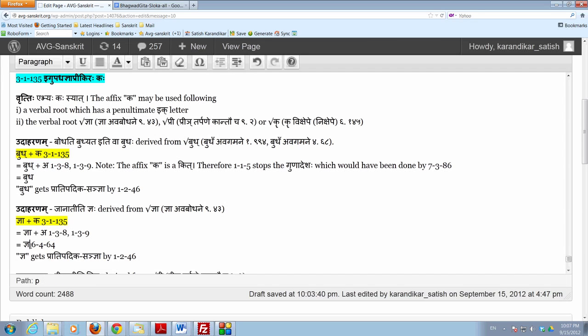And now we can apply ato lopa iticha because the ending akaraha of an angam is elided by alontyasya, if the pratyaya which follows has a sanya of ardhadhatukam, which this one does because ka gets the ardhadhatuka sanya by ardhadhatukam sheshaha. It's not because of ting shit sarvadhatukam, it is ardhadhatukam sheshaha.